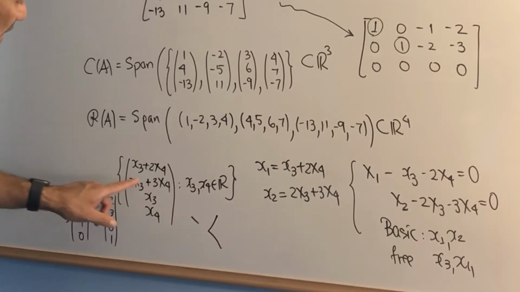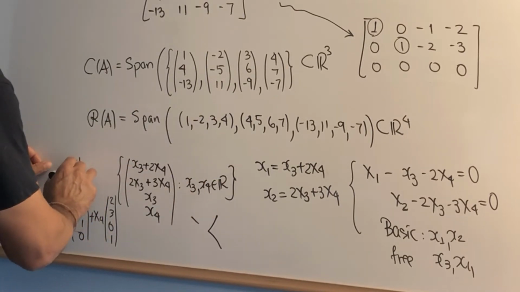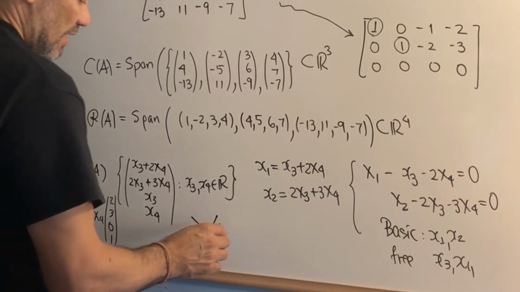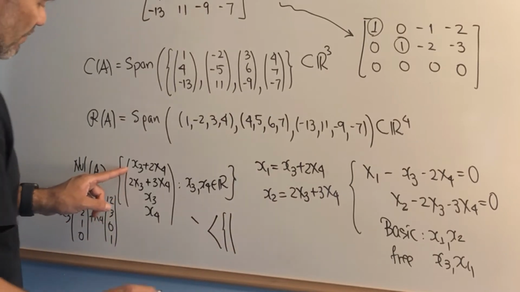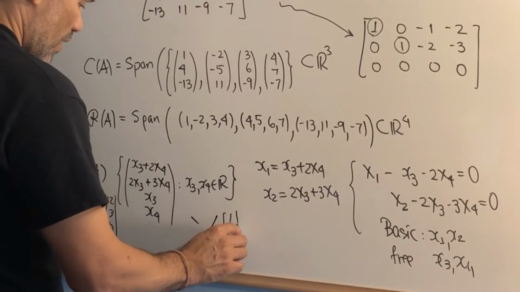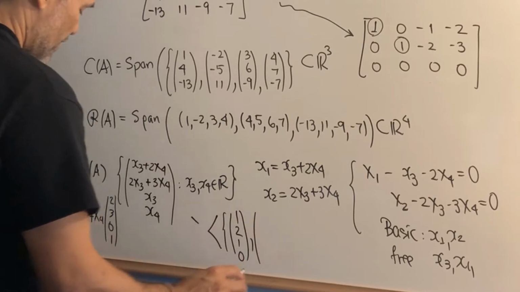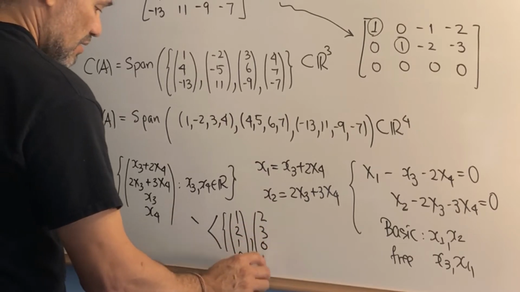That means that this W, this space, which is the null of A, which is a subspace, is the span of these two vectors: the vector (1, 2, 1, 0), and the vector (2, 3, 0, 1).